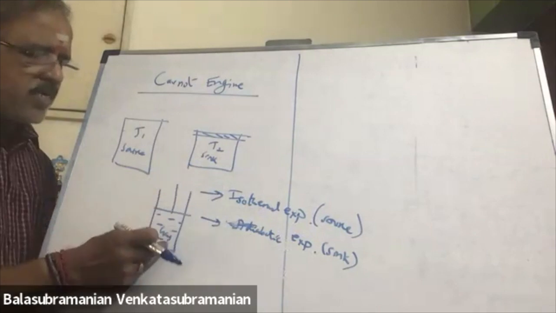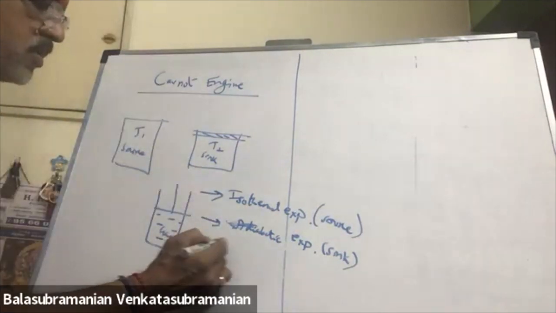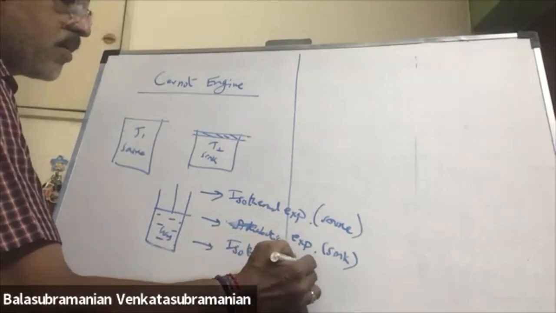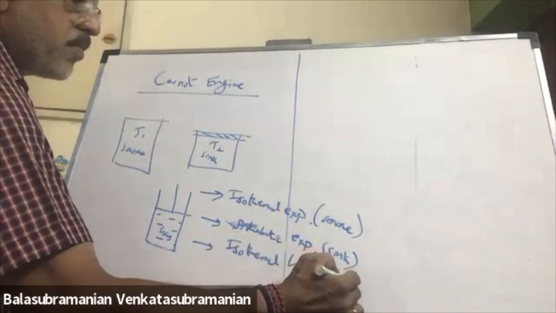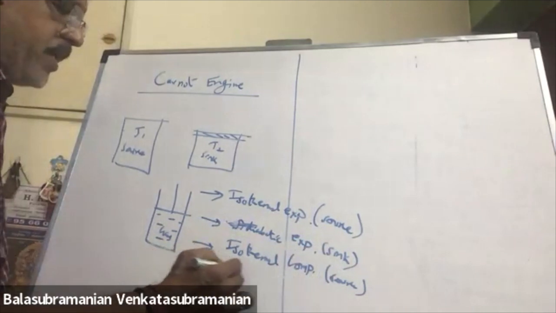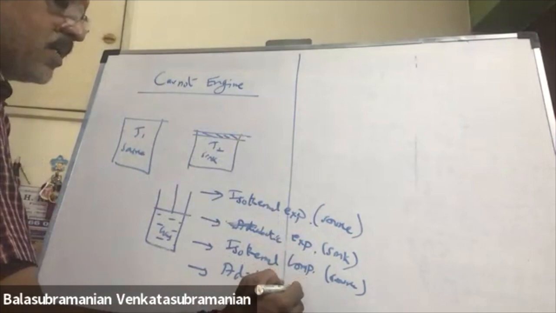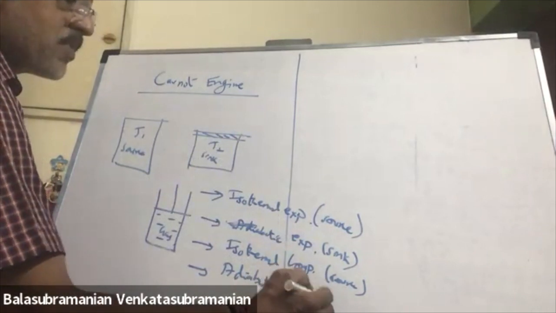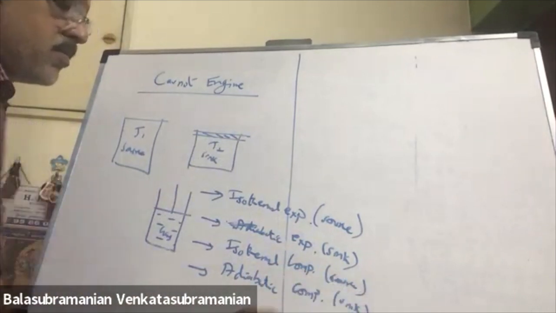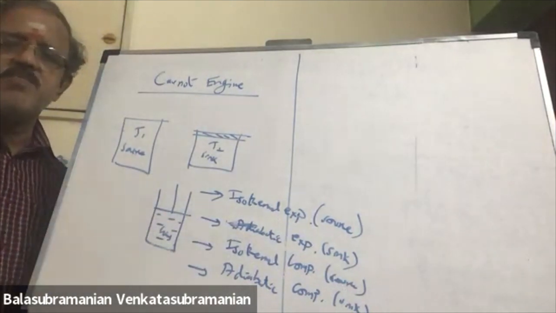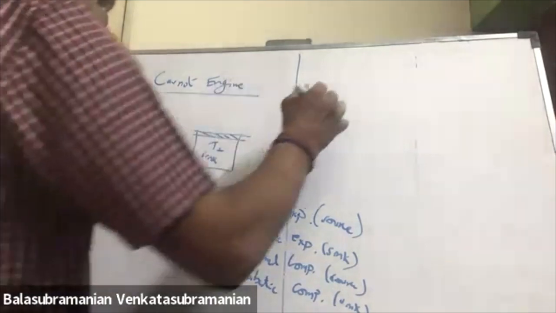Third, again you keep the working substance on the source: isothermal compression. And finally, again you keep it on the sink and compress it. The extra heat energy will go to the sink. So it is a cyclic process.